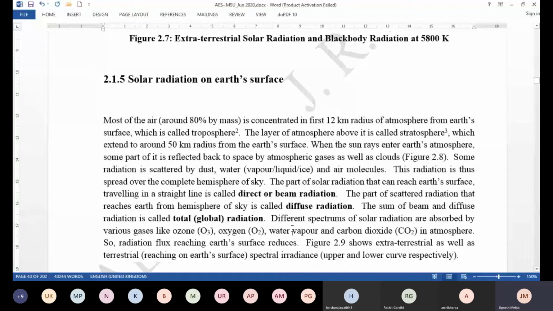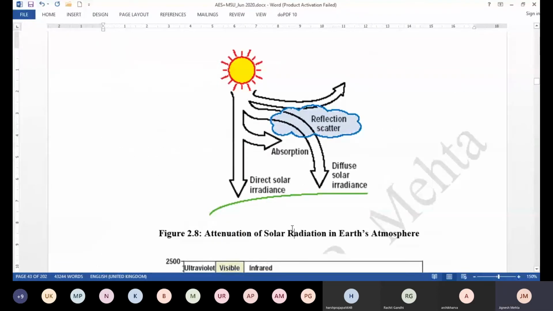Some part is also released and comes back to earth, and some part is lost to sky. The important thing to understand here is that there are two types of radiation that you get on the surface of the earth. One, the direct radiation, and second, the radiation coming from the whole hemisphere of the sky.